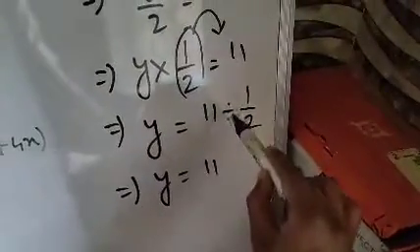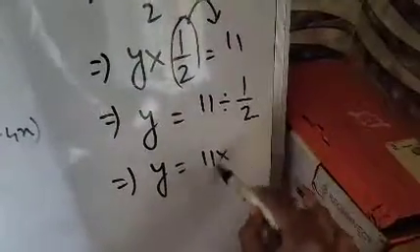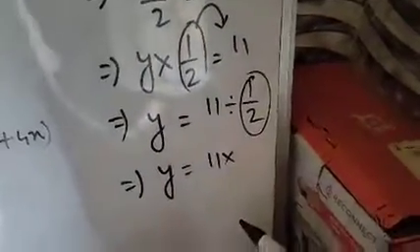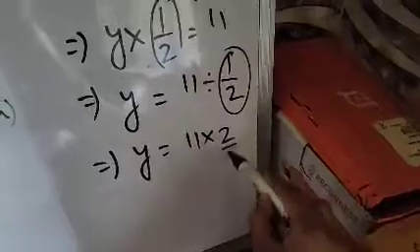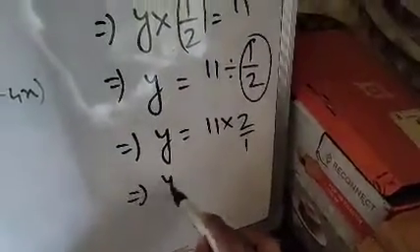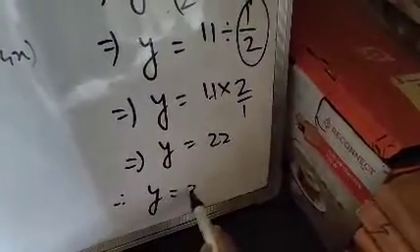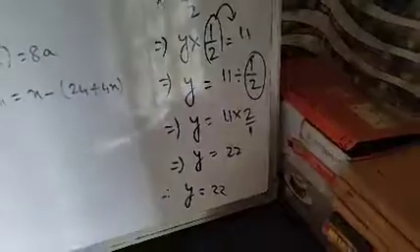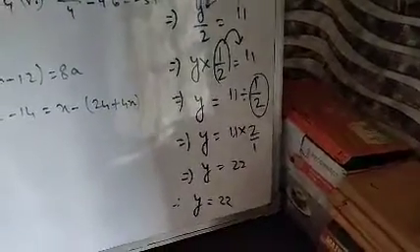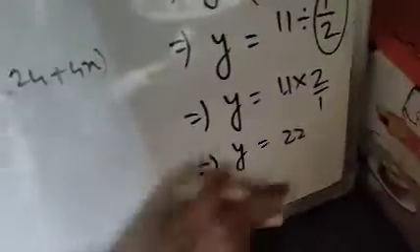Now converting division to multiplication, this will be the reciprocal. That means 2 by 1. So y is 11 into 2, that is 22, and denominator is 1. Therefore the answer will be 22. Y is 22. Next.